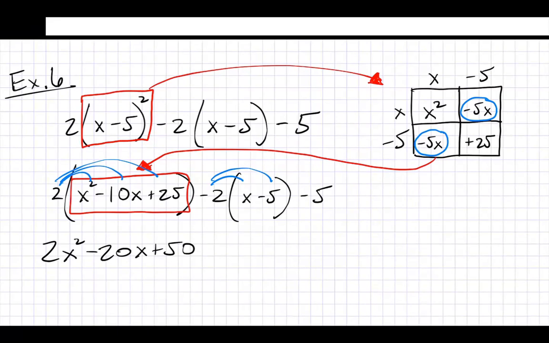And then the -2 would be -2x plus 10. And then the -5 out there that we haven't used yet.